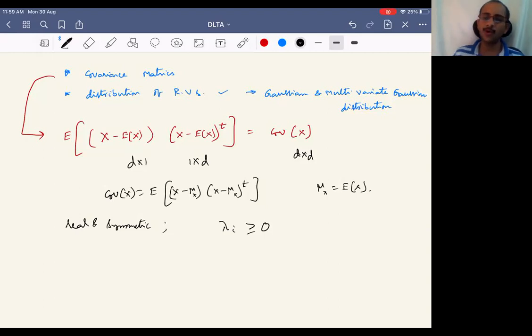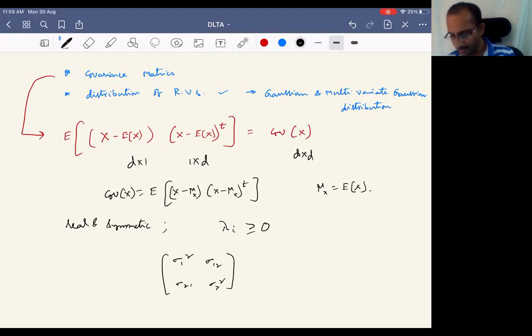We have discussed covariance in more detail. If we have a 2-dimensional joint random variable x1, x2, a vector random variable, with sigma 1 square, sigma 12, sigma 21 and sigma 2 square, how does the covariance matrix reflect the variance along the x1 direction?